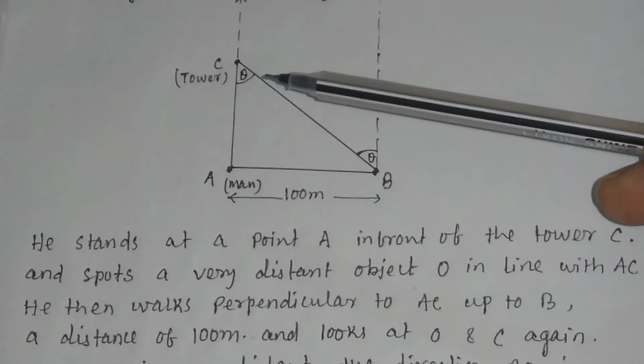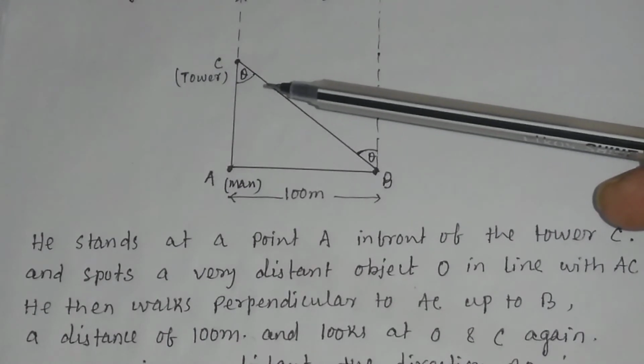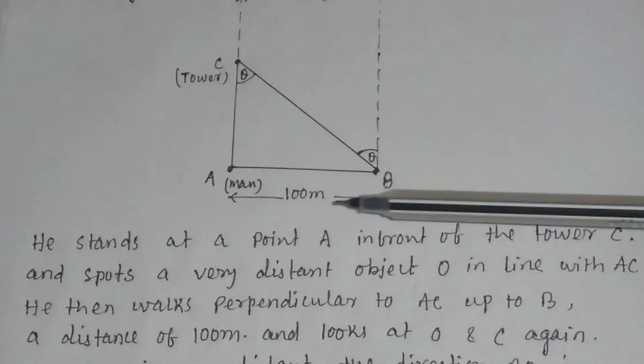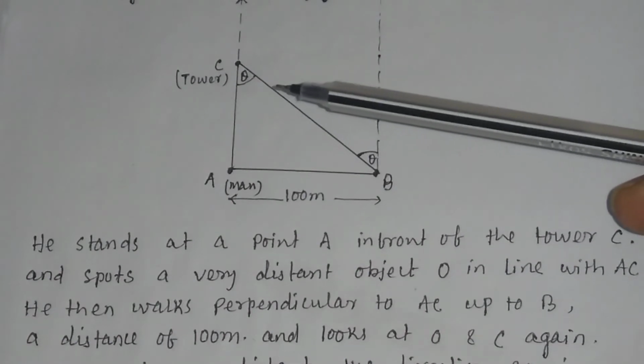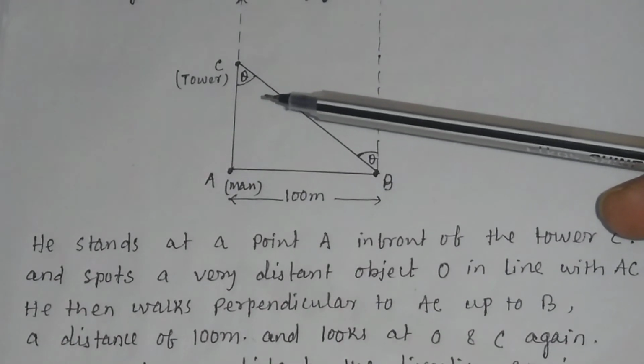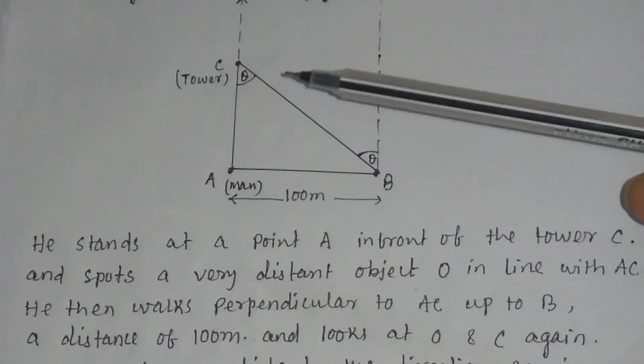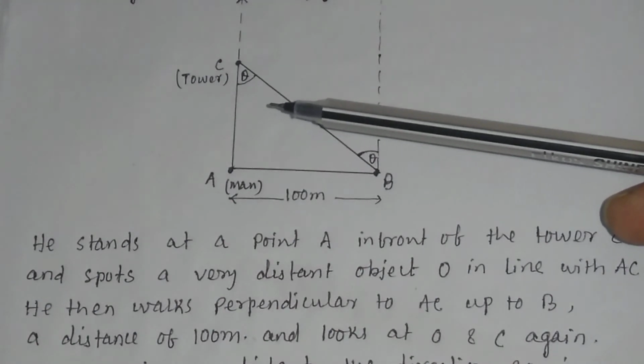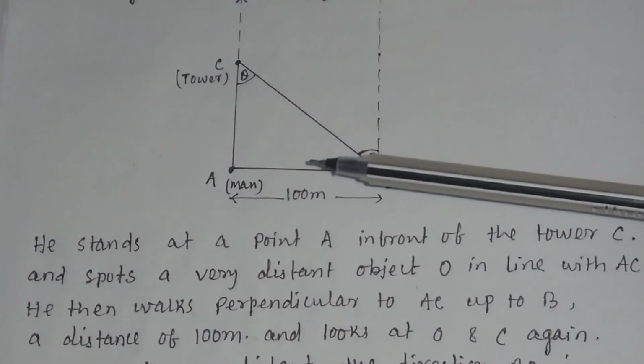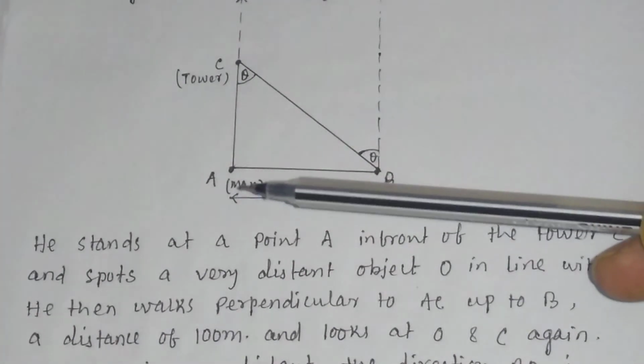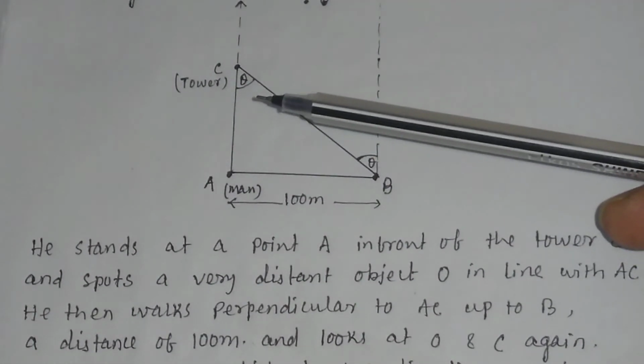So AB divided by tan 40 degree. AB is given as 100 meter, and tan 40 we know is equal to 0.8391. So if you divide 100 by 0.8391, you will get AC equal to 119 meter.